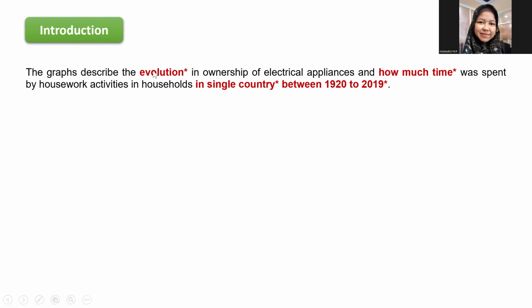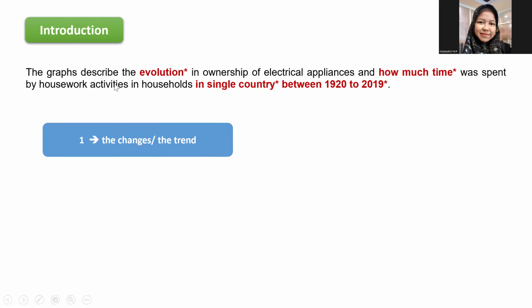Okay, so here I already marked in red some words. The first one is evolution, the second is how much time, the third one is in single country, and the last one is between 1920 to 2019.